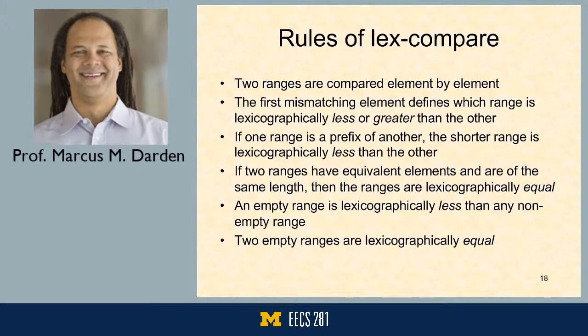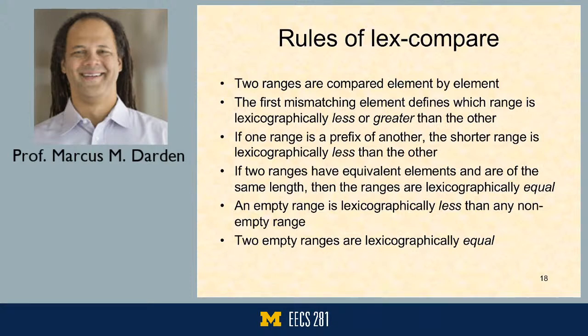The rules of lex compare are pretty straightforward. We've already covered this basically. The 2 ranges are going to be compared element by element. The first mismatch determines which range comes first. So as I'm looking a character at a time, when I figure out they're not the same, that is enough information to tell me which one of these things gets sorted first in the dictionary.